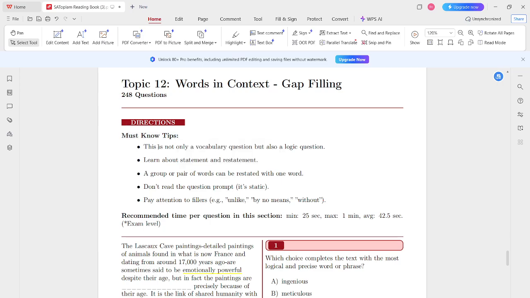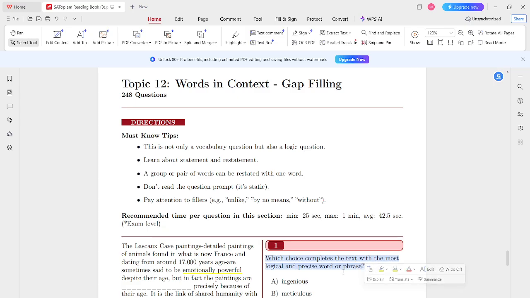So the first tip is this is not only a vocabulary question, but also a logic question. So don't focus on the vocabulary itself, but also use your logic. Learn about statement and restatement. A group or pair of words can be restated with one word. Don't read the question prompt. Yeah, by the way, don't read this question, because it is static.